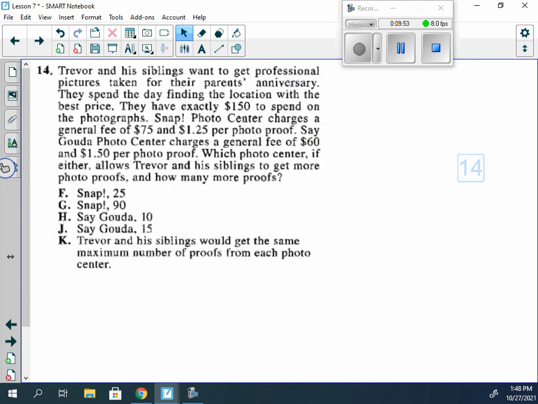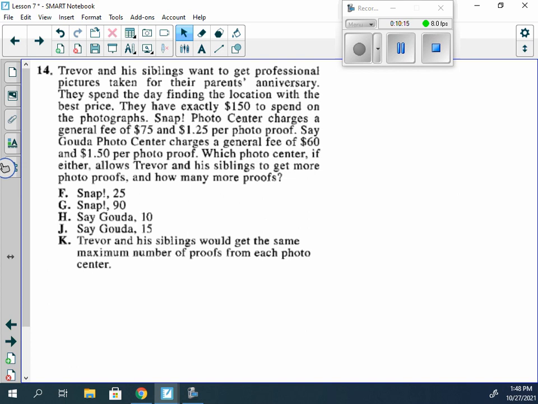Number 14. Trevor and his siblings want to get professional pictures taken for their parents' anniversary. They spend the day finding the location with the best price. They have exactly $150 to spend on the photographs.